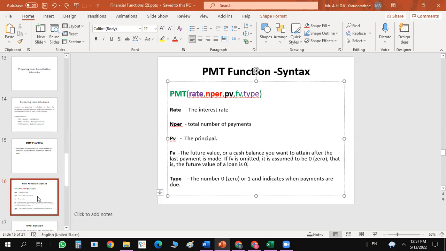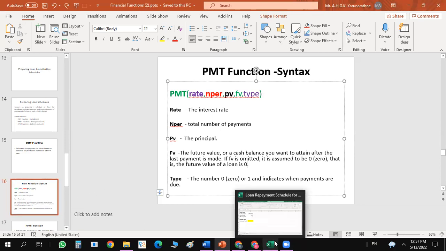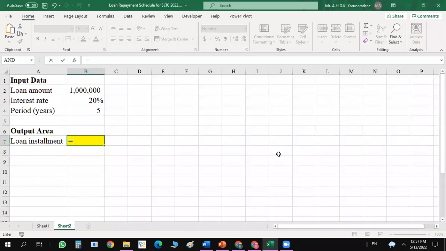Right. Okay, we will now consider how to compute the payment. Let's assume our loan installment, right? How to compute the loan installment? We can say P equals PMT. Here all the variables are there: rate, NPER, PV, FV, type.